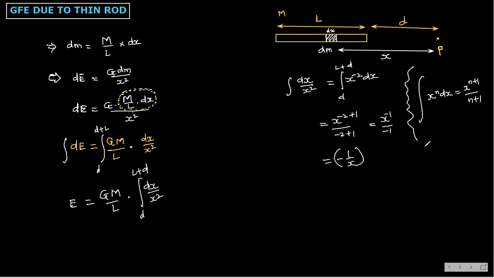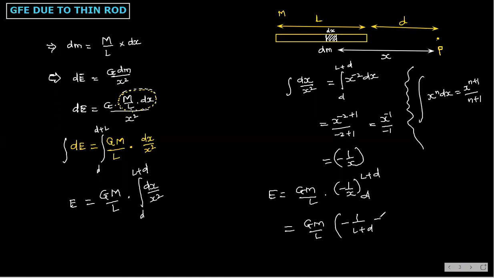So shall I substitute now? E is equal to G M by L into minus 1 by x from d to L plus d. Put upper limit, subtract lower limit. G M by L into minus 1 by L plus d, and minus of this minus becomes plus 1 by d.